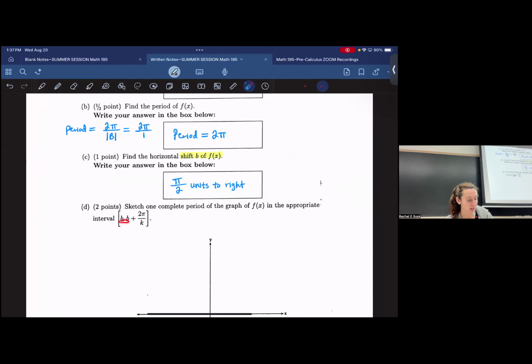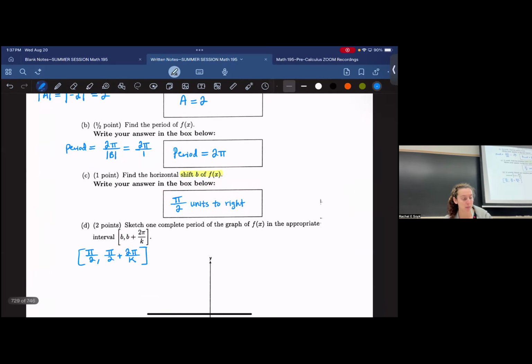And that lowercase b is referring to that horizontal shift. So essentially, we're looking at our interval from pi over 2 to pi over 2 plus 2 pi over k. And what's our k value?